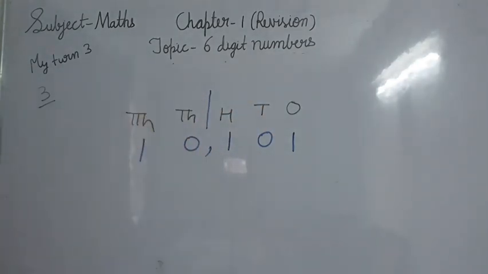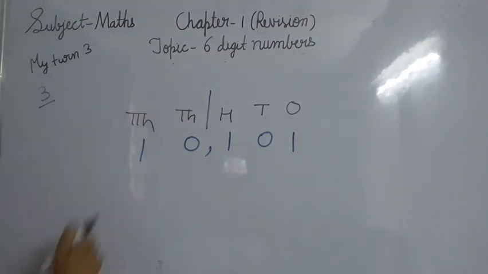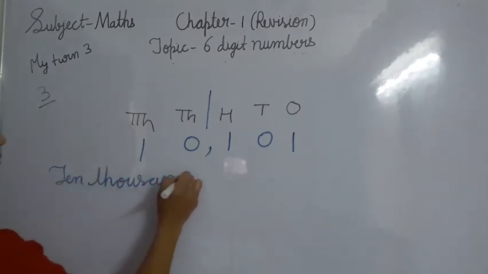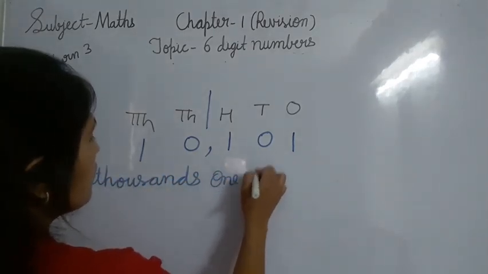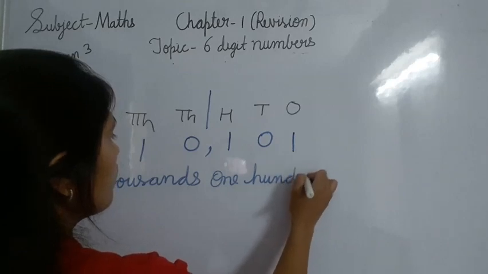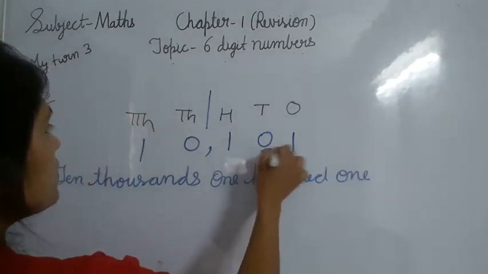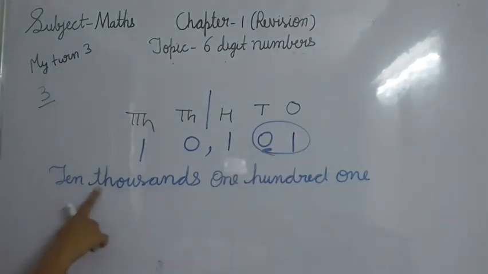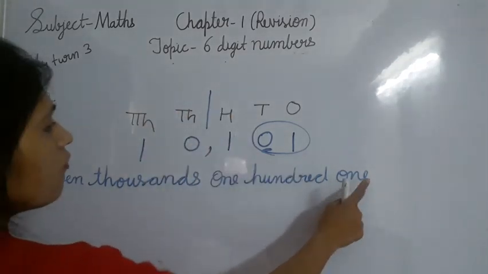So a comma will be put here to separate the ones and thousands periods. Which number is it? 10,101. 10,000 and 101. Nothing is there on the tens place, so if you read these together, it is one number only. 10,101.